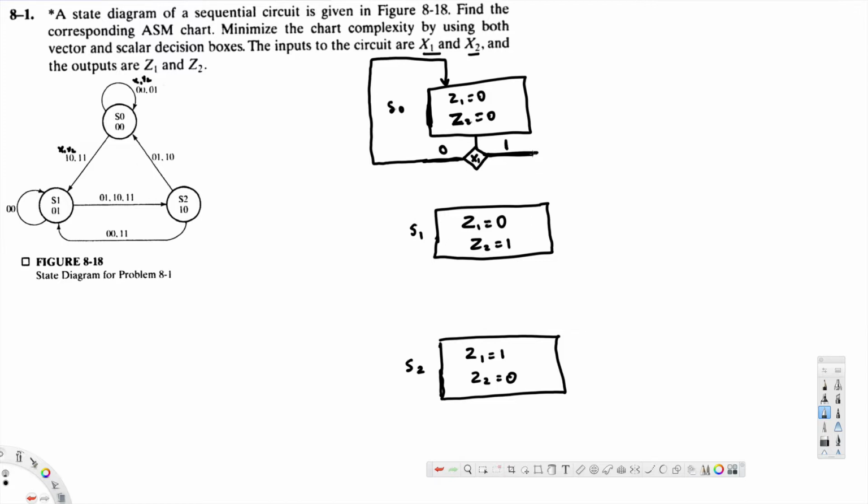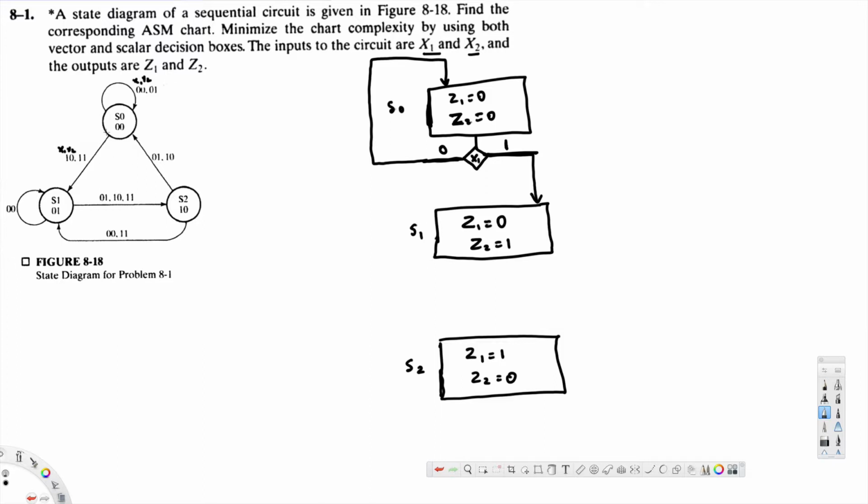So we just connect it right here. Okay, now for the other states it doesn't work this way, because only this one has that kind of situation. For the other ones we have to do the vector decision box.